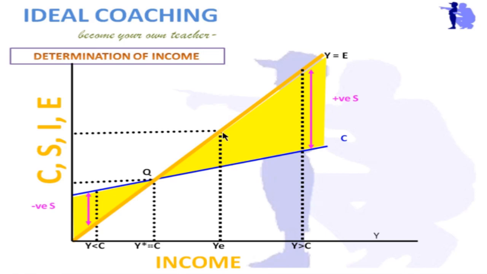So now what to do? The government wants this point Q dash, where their planned income should be equal to expenditure. For this they have to raise the income level of people from here to here.